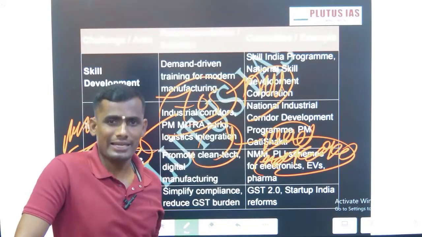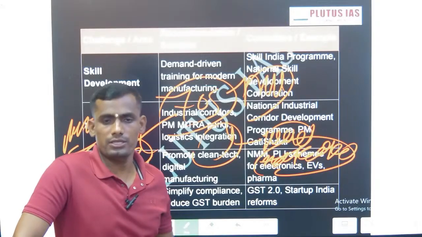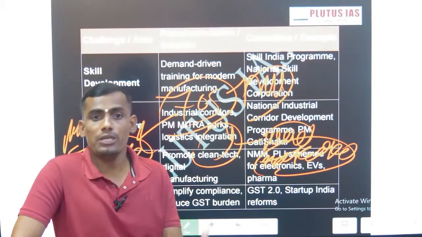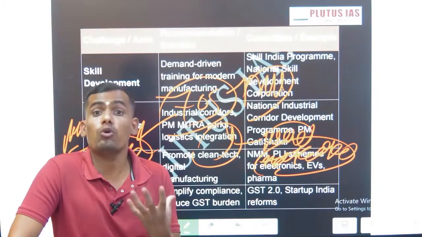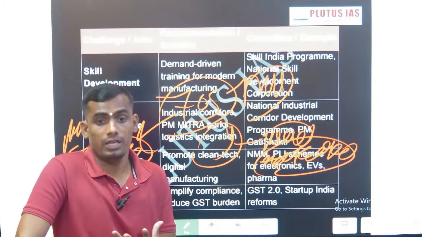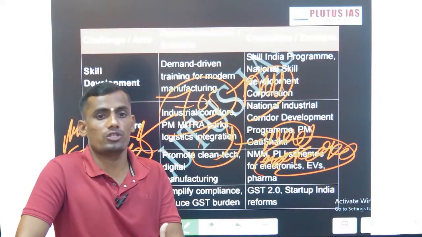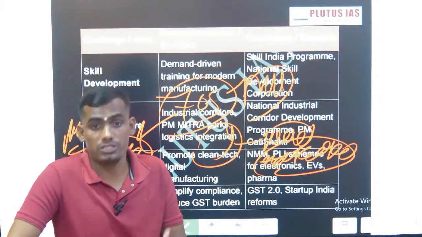And from the skill side, the PM apprenticeship programme is the best example of how to use new technology, and environmental sustainability should be there. Use the new technology to build a manufacturing sector which is environmentally sustainable.